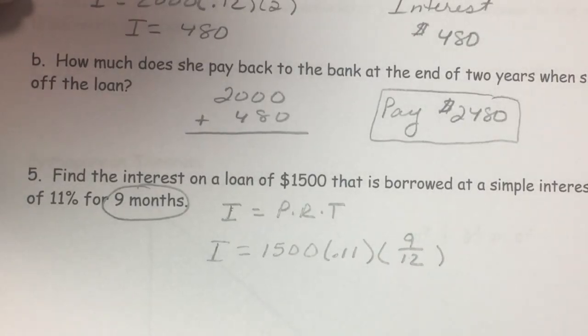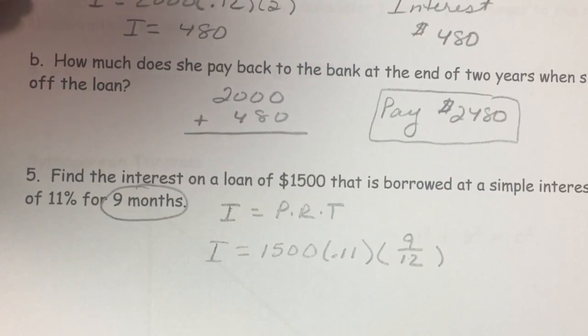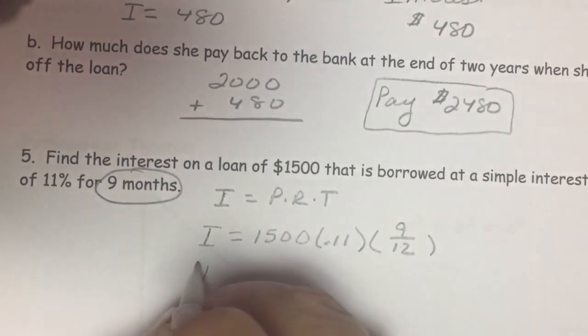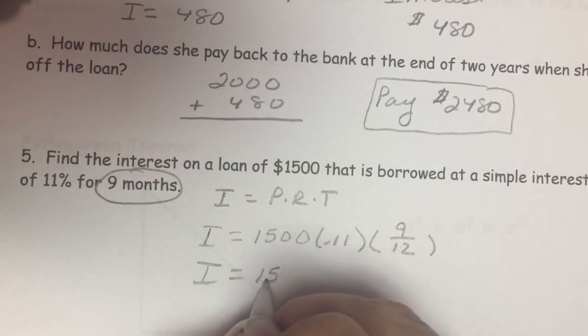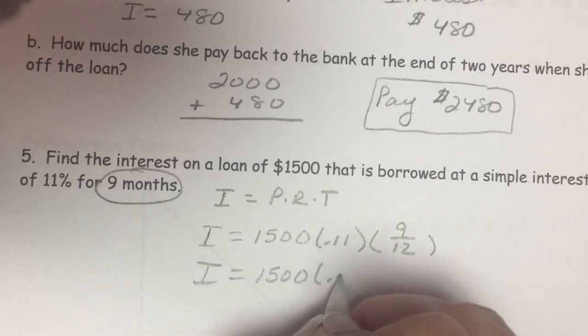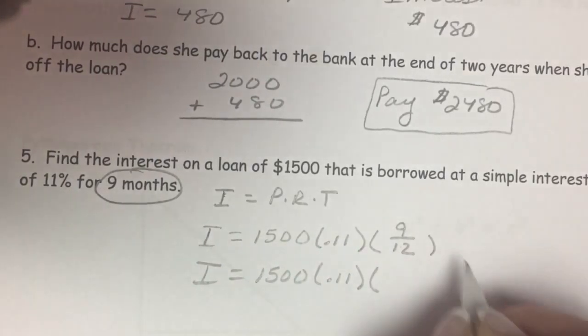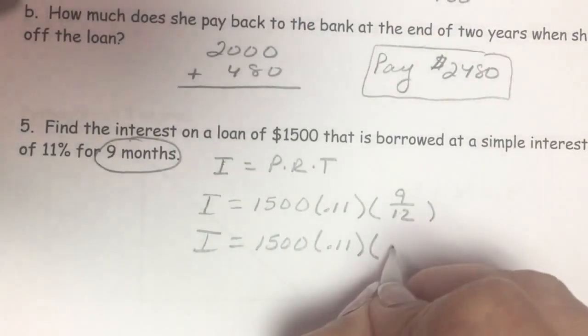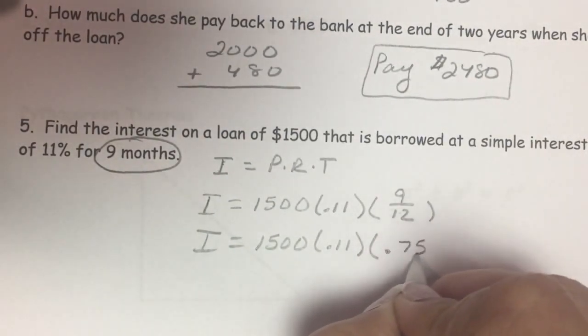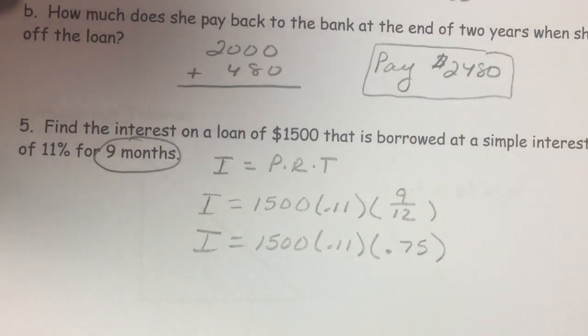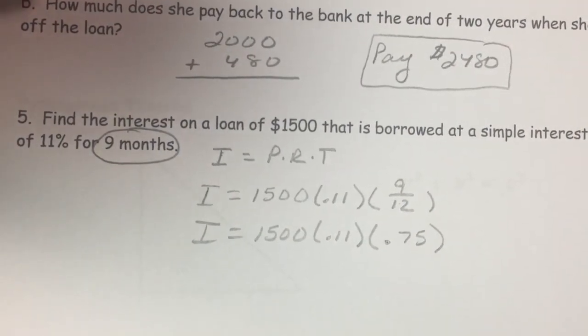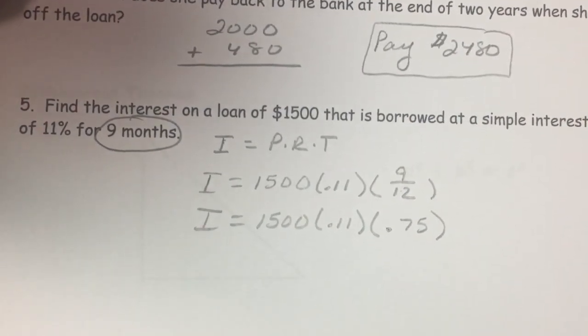Why over 12? Because there are 12 months in a year. So if I rewrite this problem, it's going to be 1,500 times 0.11. And if in your calculator you take 9 and divide it by 12, you're going to get 0.75, because that is 0.75 or 3/4 of a year.